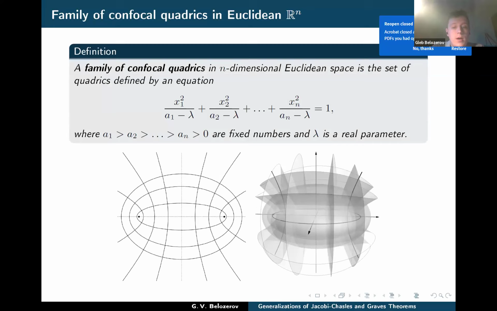Here, a1, ..., an are constants, and lambda is a real parameter. Here you can see two examples of families of confocal quadrics in the Euclidean plane and in the Euclidean three-dimensional space.